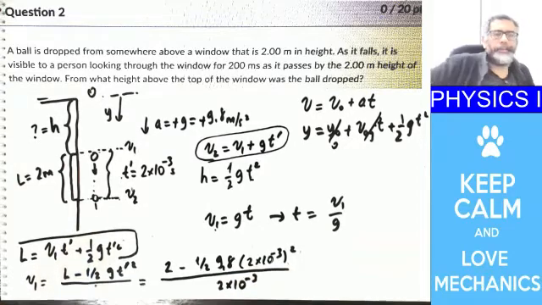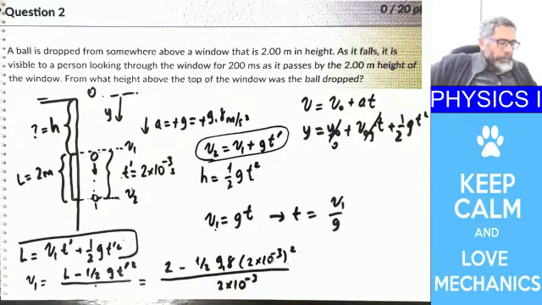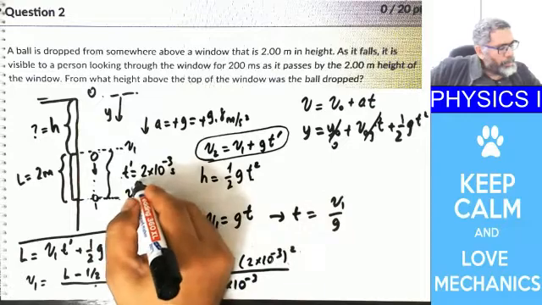Yes, there's something wrong with time, I think. With time? Which one? Yeah, it should be 10 to the minus 1, because it's 200 milliseconds. Yes, it is 200 milliseconds.